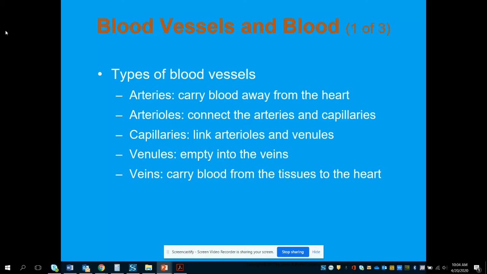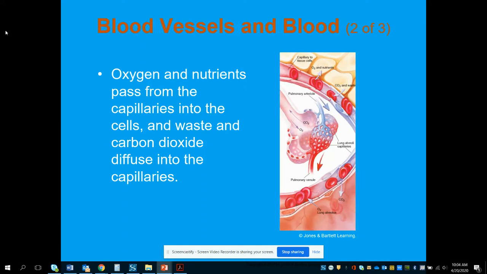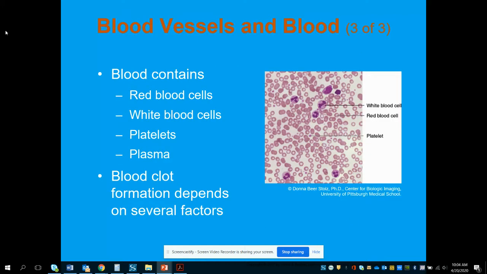And so this is where you start to have your oxygen exchange and your nutrient exchange in those capillary beds of the tissues and organs within the body. And then you have your venules, which empty back out into the veins, and they take that deoxygenated blood and waste products back to be filtered out and gotten rid of. So the oxygen and nutrients pass from the capillaries into the cells, and waste and carbon dioxide diffuse back into the capillaries.